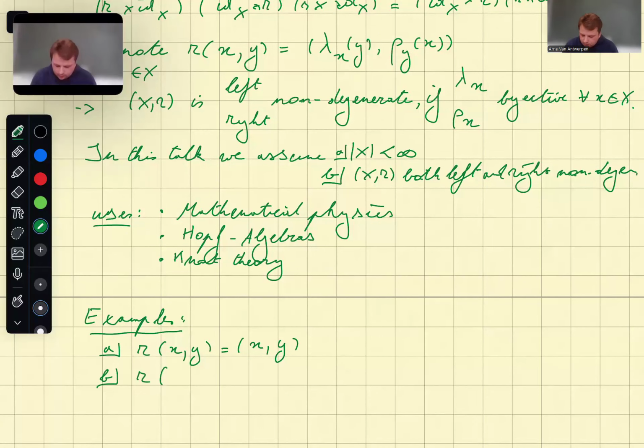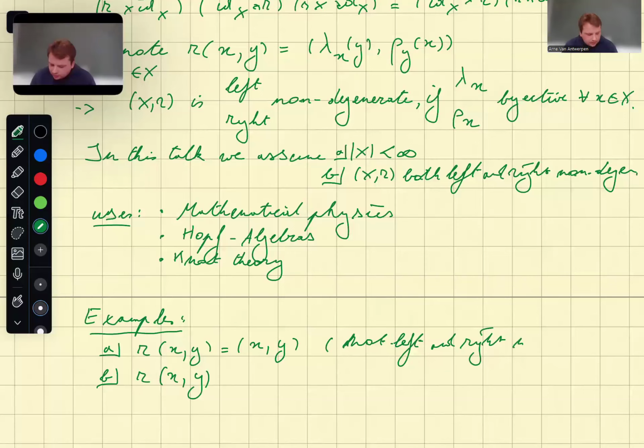This is, by the way, not left and right non-degenerate. I'll note that down. It's important to remark. So in the remainder of my talk, the identity doesn't show up at all, as it is not left and right non-degenerate.